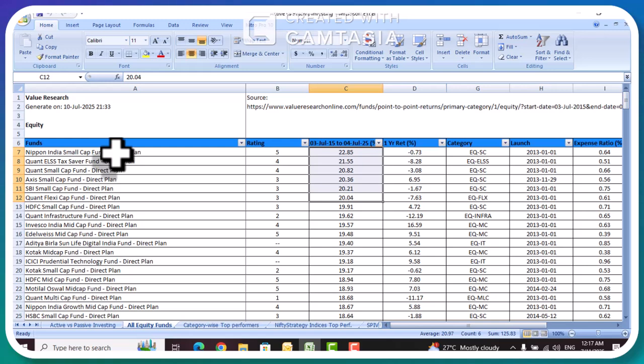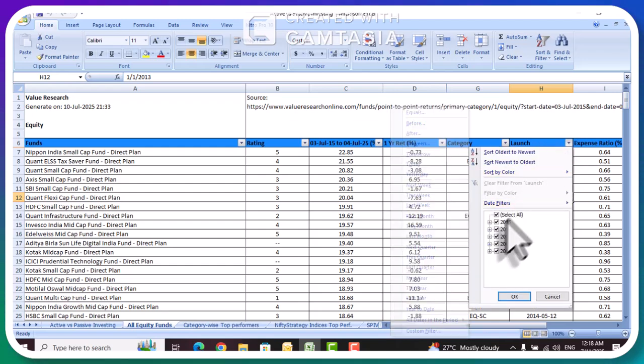All right. So what I want to highlight over here is, if you look at column H, I want you to have a look at the start date, the launch date of these mutual funds. They are across 2006, 2008, 2013, 2014, and 2015.